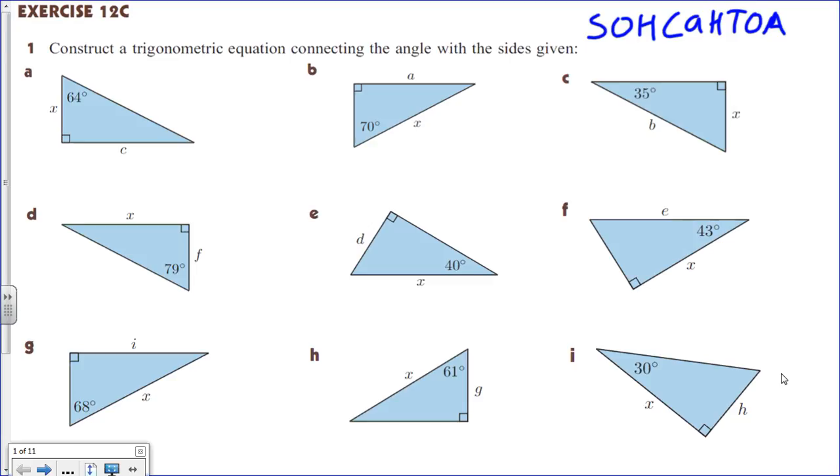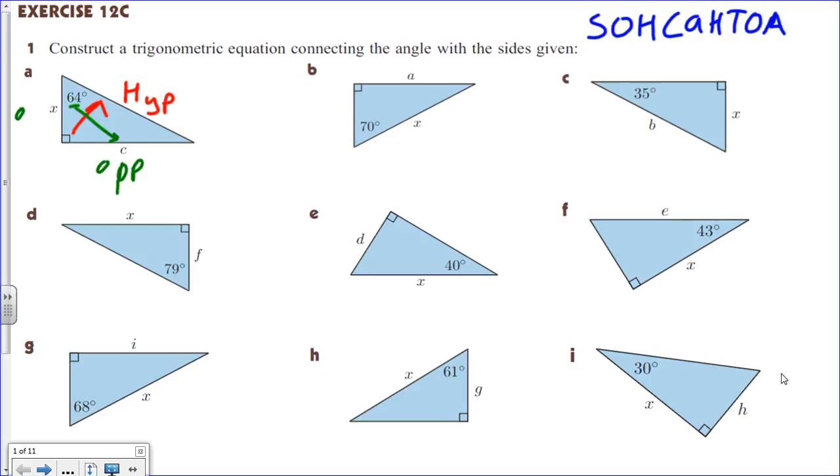So the first thing we need to do in this question is to label our sides. First I'm going to label the hypotenuse, because that is always opposite the right angle. Next, we've got to look at where the angle is. The angle at the moment is up in that corner there, so we go down to there, and that's going to be my opposite side.